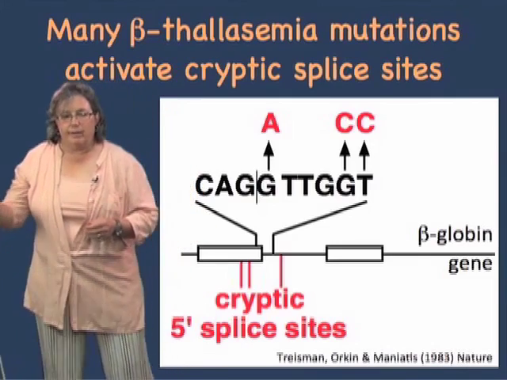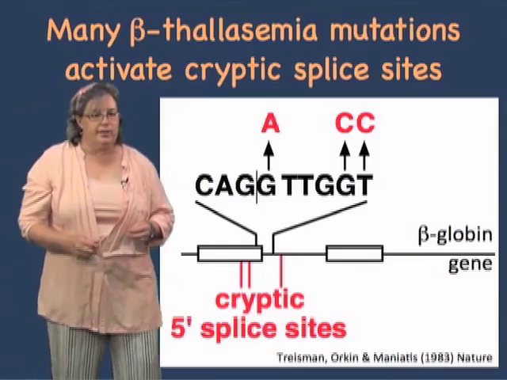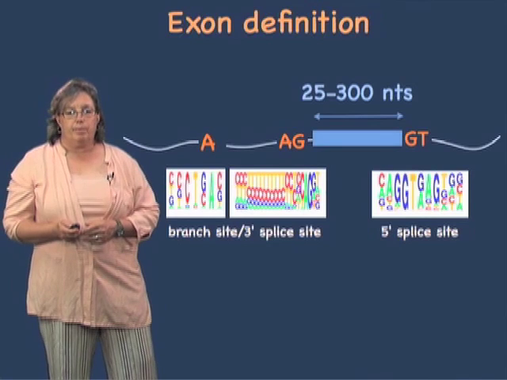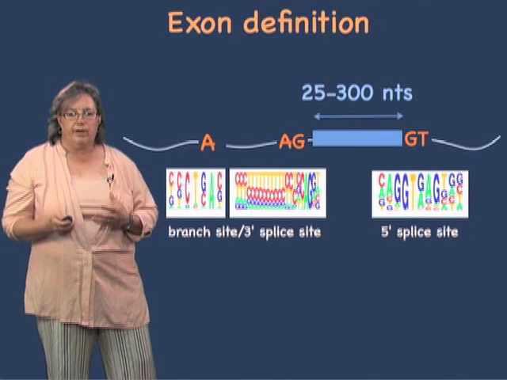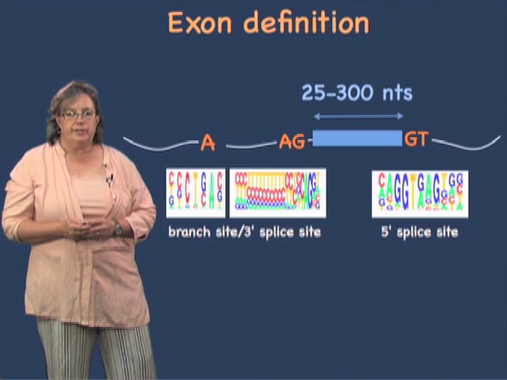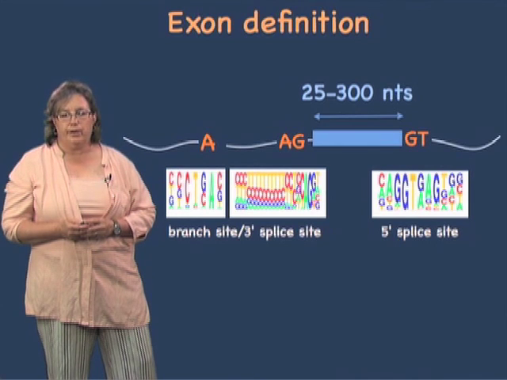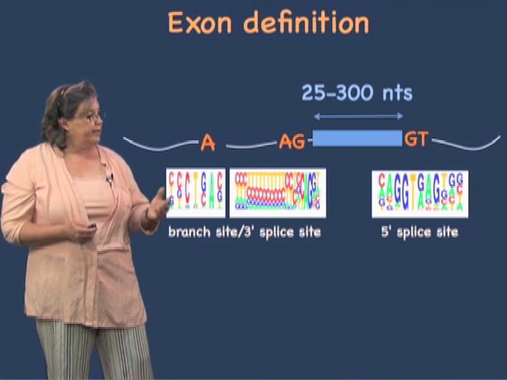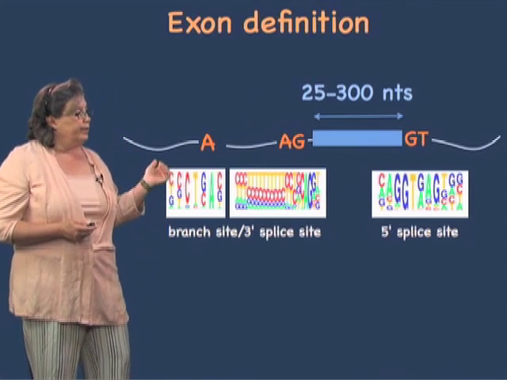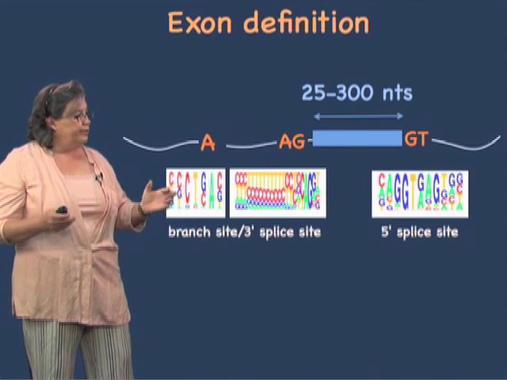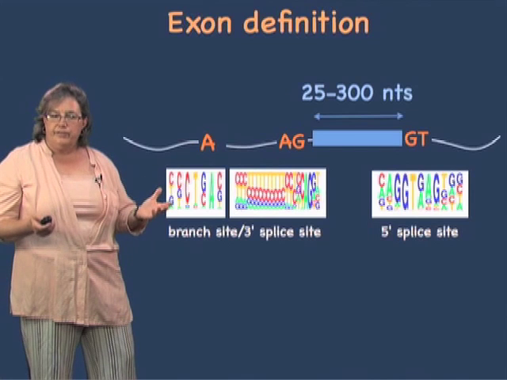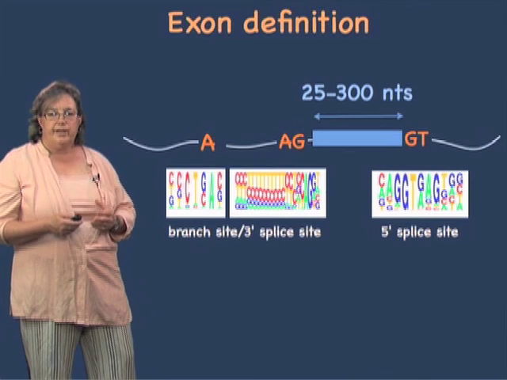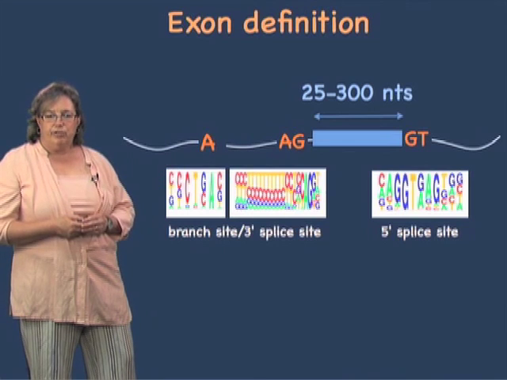So let's think about how that might be applied to a human gene. What we now understand is that the way introns and exons are recognized in human genes is through what we call exon definition. Even though the introns are of highly variable length, going from a few hundred nucleotides up to tens of thousands, hundreds of thousands of nucleotides, the exons tend to be very uniform in their length.